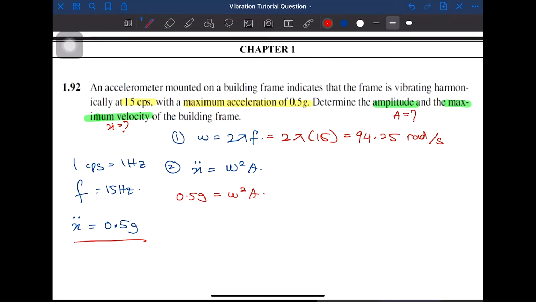Substitute g equals 9.81, gravity acceleration. So substitute both of them.